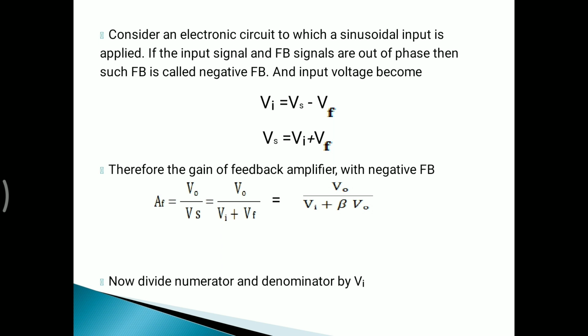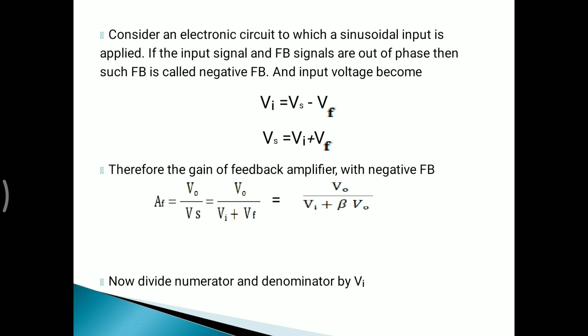The feedback voltage Vf can be written as beta into V naught, where V naught is the output voltage and beta is the feedback fraction.